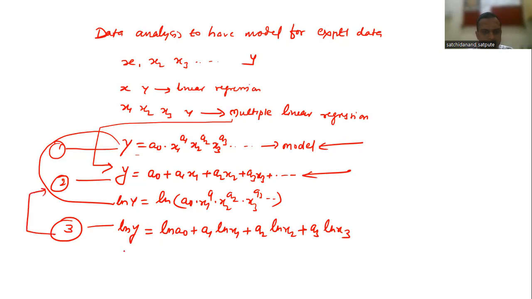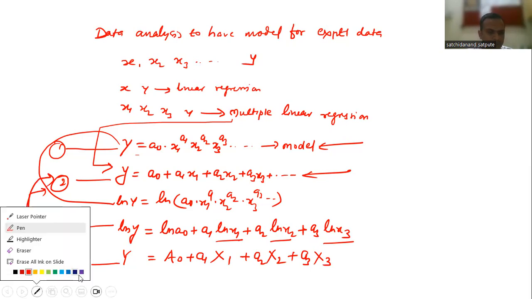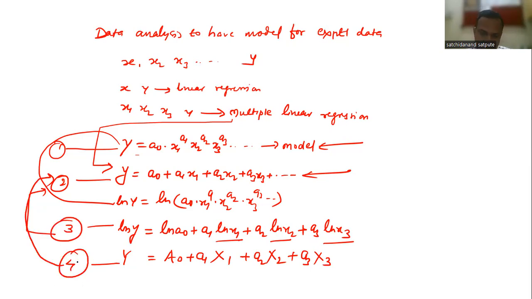So this can be converted into capital Y equal to capital A0 plus A1 capital X1 plus A2 capital X2 plus A3 capital X3, where capital X1 is ln x1, and so on. Equation 4 is similar to equation 2, which can be solved with multiple linear regression.